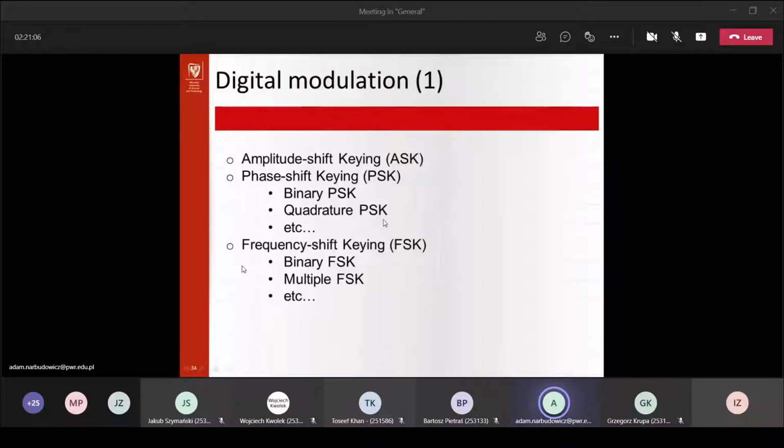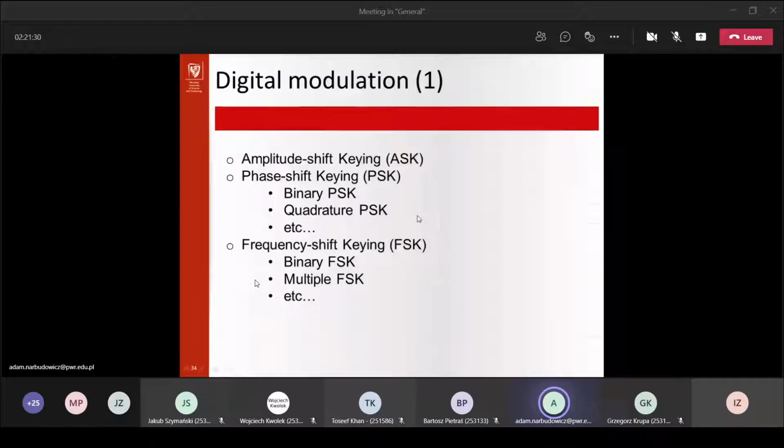Then you can have a quadrature PSK, QPSK, which has 4 different phase components: 0, 90, 180 and 270 degrees. You can use that to encode 2 bits with a single symbol at the same time.